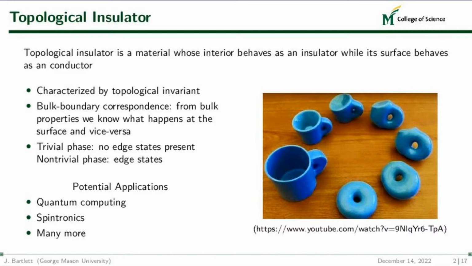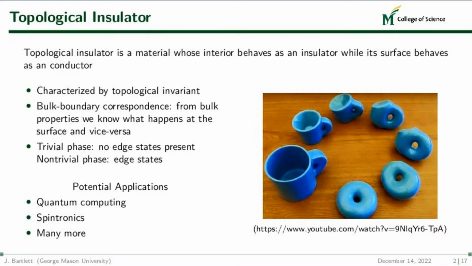One of the most well-known examples of this is shown on the right, where a coffee mug is being continuously deformed into a donut. Throughout this deformation, from coffee mug to donut, there remains one hole. This hole can be thought of as a topological invariant. And so in the end, we can say the coffee mug and the donut are topologically equivalent objects.